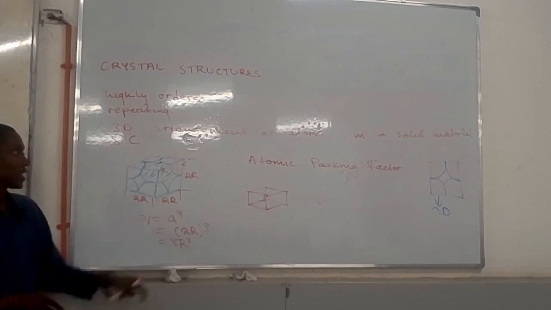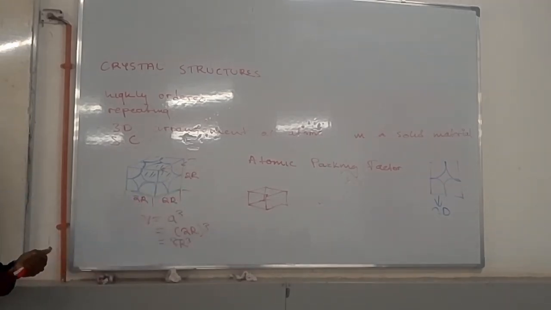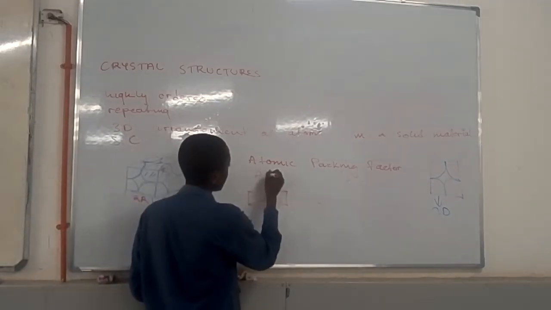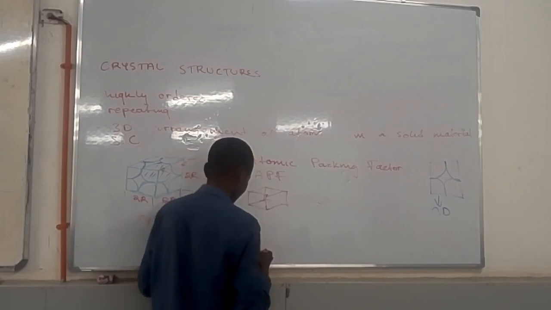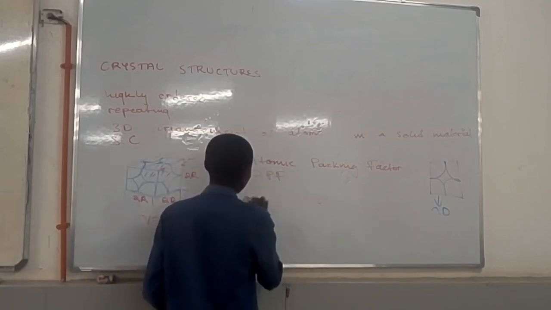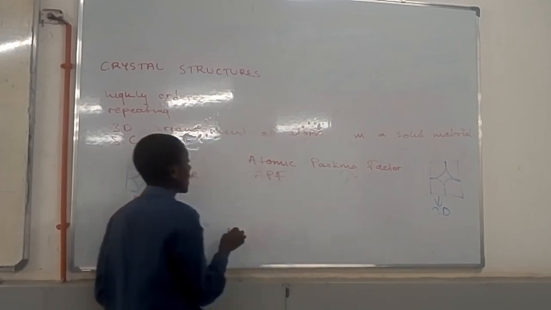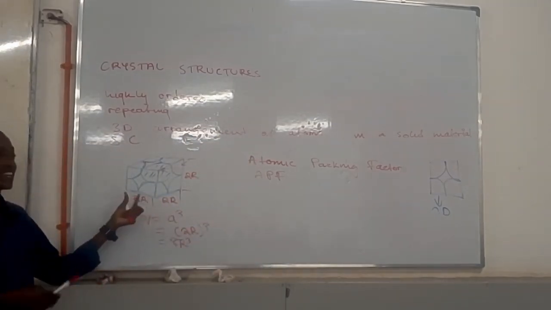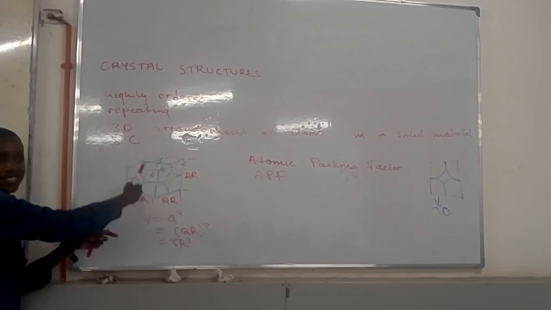We determine that by the atomic packing factor, or in short, the APF. To determine the atomic packing factor, first you need to determine how many atoms are inside this unit cell, inside this box.